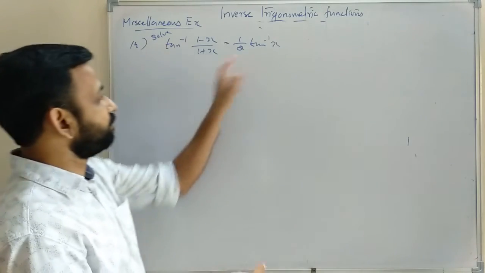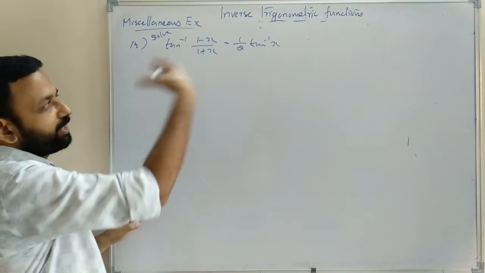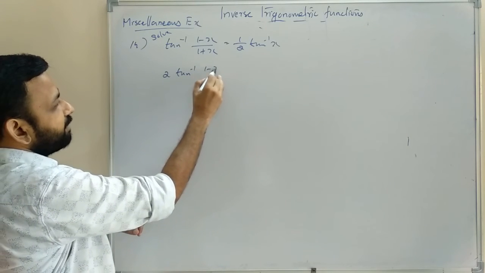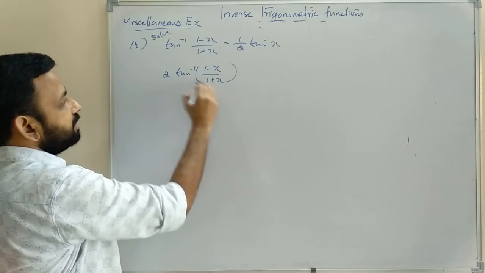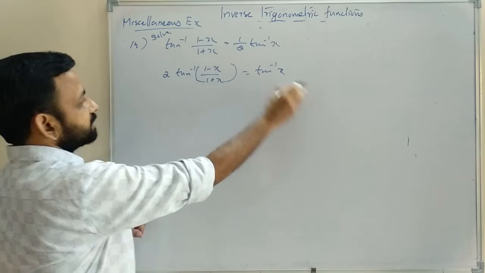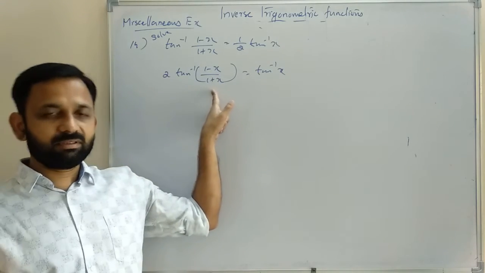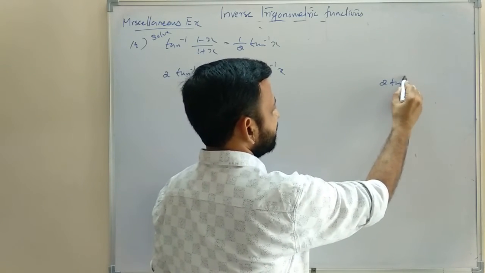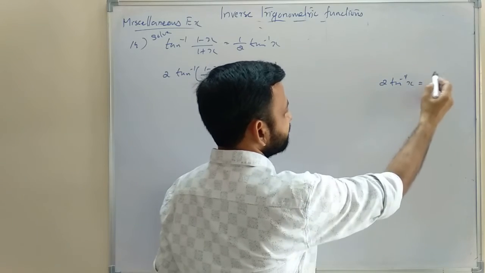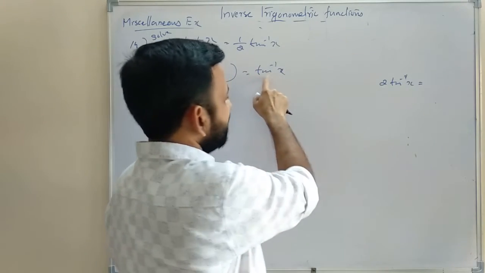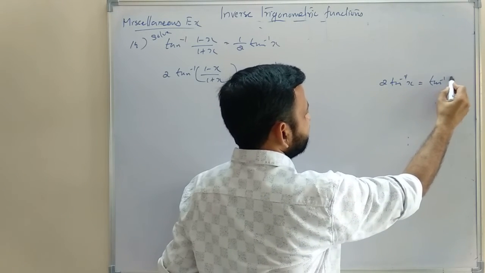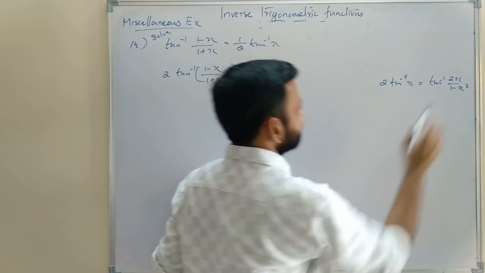So we can take 2 from right to left. We need to find the value of x. So 2 tan inverse (1 minus x upon 1 plus x) equals tan inverse x. Now we can apply the formula: 2 tan inverse x is equal to tan inverse of 2x upon 1 minus x square.